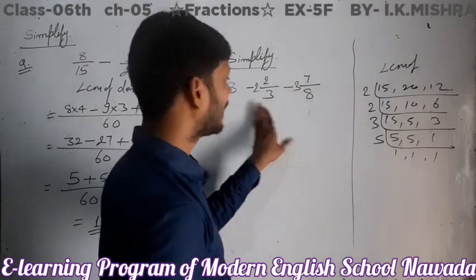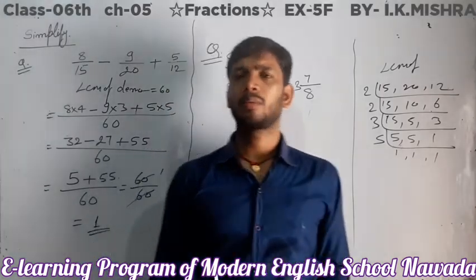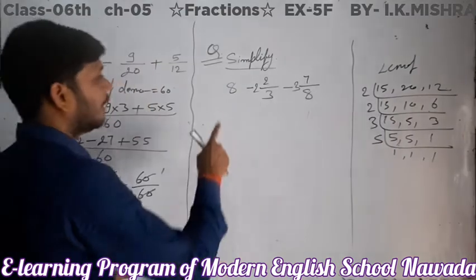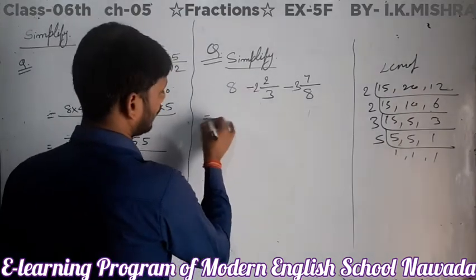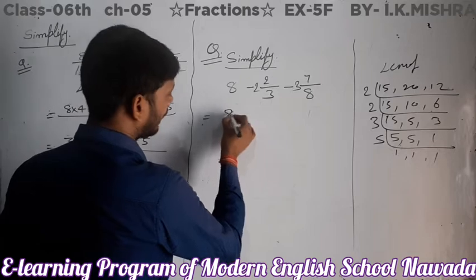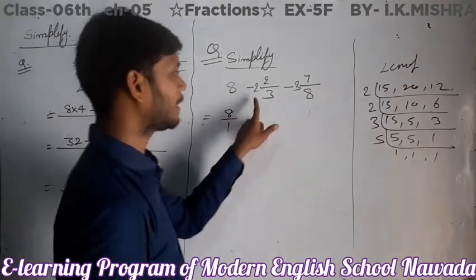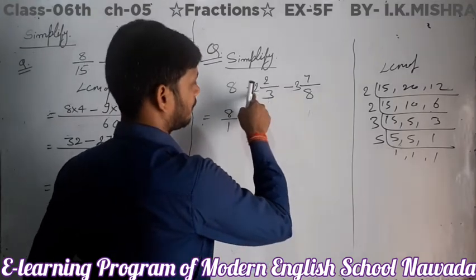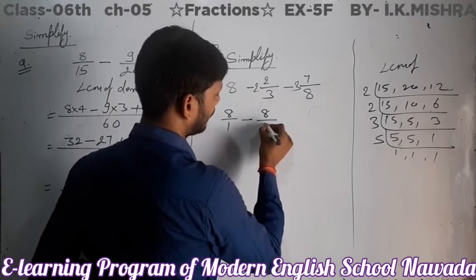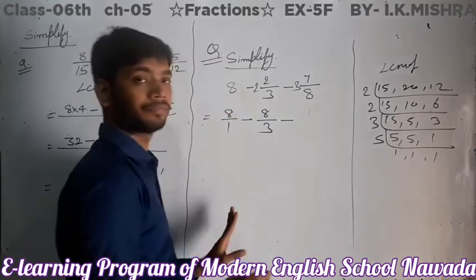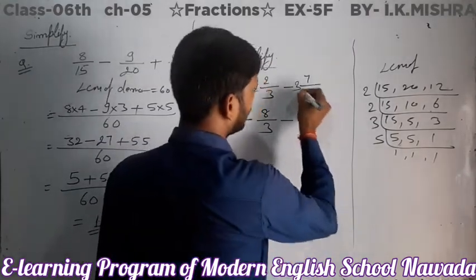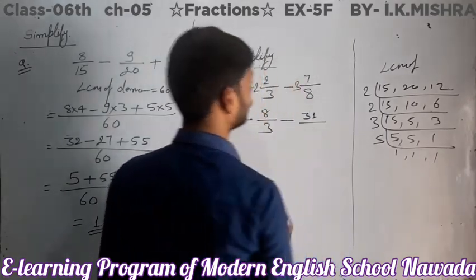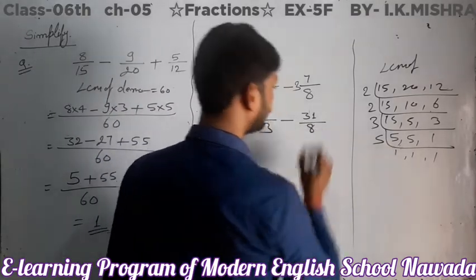Suppose you have to solve this type of question, and many such questions will be asked in your exercise. Watch carefully. You can write it as 8 by 1 minus 6 2 by 3, that is mixed fraction, minus 3 7 by 8. Converting the mixed fractions, we get 8 by 1 minus 20 by 3 minus 31 by 8.